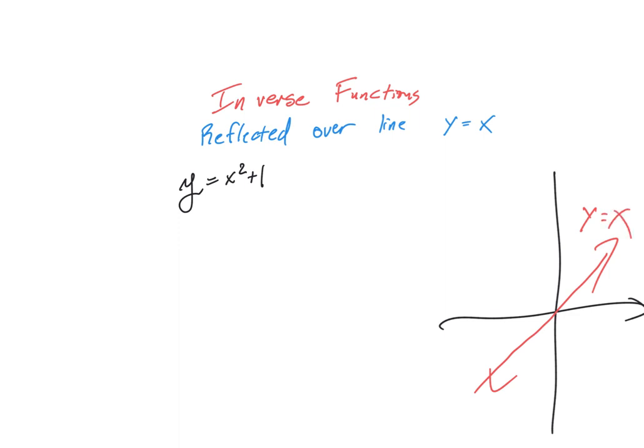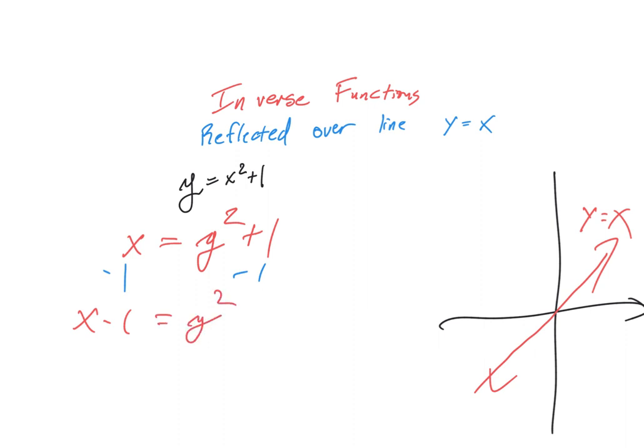If I took my function and reflected it over that line, or pretend like you folded the graph over this line and traced it, that would be the inverse. Algebraically, for inverse functions, you take the x and the y and switch them and then solve for y. So subtract 1 from both sides.